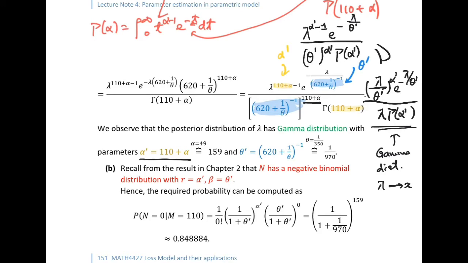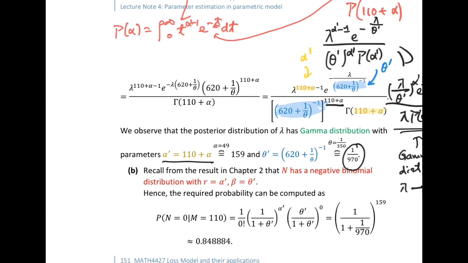If you take theta equal to 1 over 350, theta prime will be equal to 1 over 970.